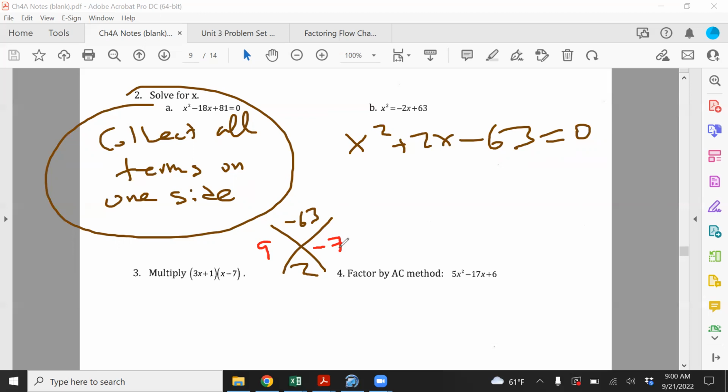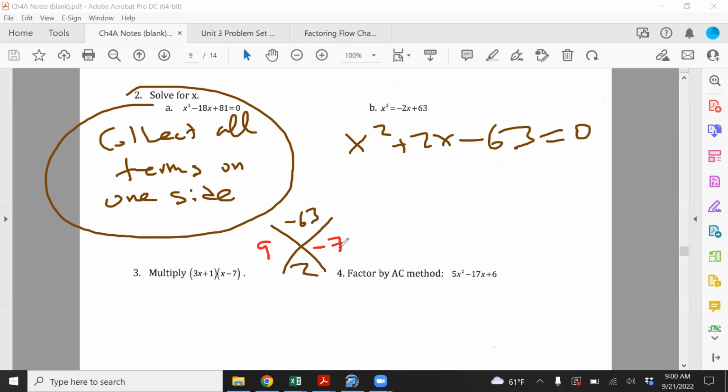Because -7 plus 9... no, you got to collect all terms on one side first. Oh, I just put negative x. Okay, but if you did that, you then have to factor out the negative first, which you didn't do yet, right? You got to pull the negative, and when you pull the negative, then you get x squared plus 2x minus 63. Yeah, I'm actually glad you did that.